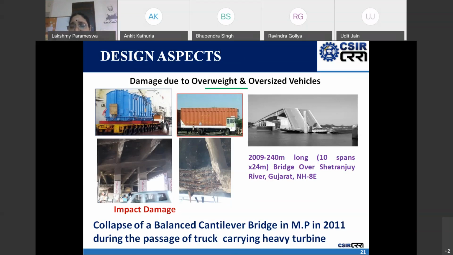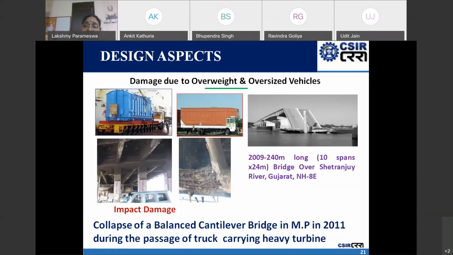They are imported and arrive at a port and are taken to the power plant location. And they are generally taken through hydraulic trailers, which have a number of hydraulic axles. So the vehicle configuration itself is different, and they weigh something like 300, 400 ton.